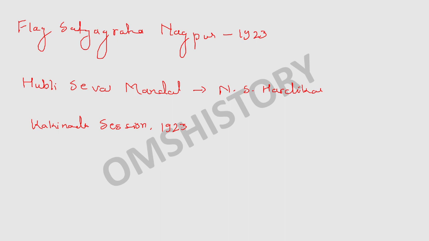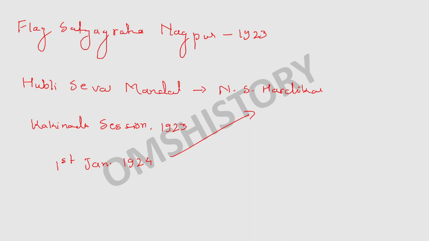A board under Dr. N.S. Hardikar was constituted for setting up the Hindustani Seva Dal. So the Hindustani Seva Mandal or Hindustani Seva Dal was thus formed on 1st January 1924.